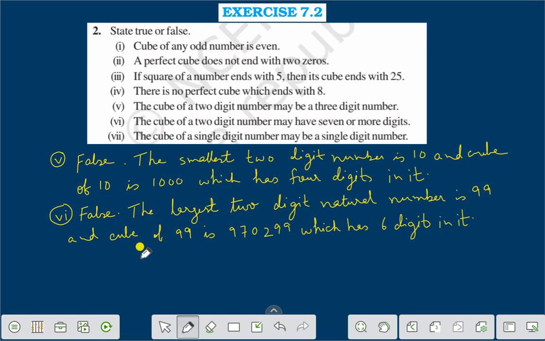Therefore, you can say that the cube of any two-digit number cannot have 7 or more digits in it.